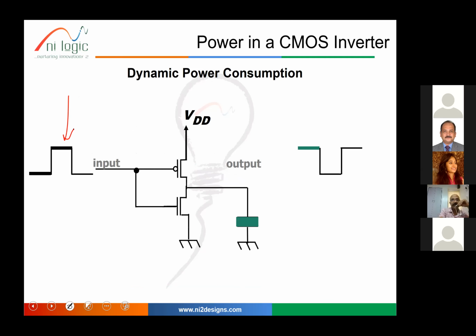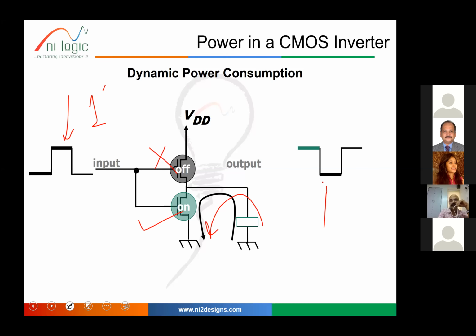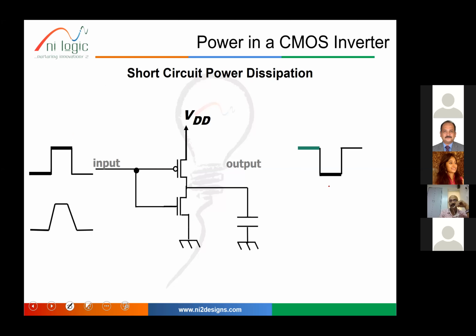And when you give a logic high at the input, that is 1 at the input, it becomes reverse: the PMOS turns off and the NMOS turns on, and the output discharges to the ground, and you get a logic low output.